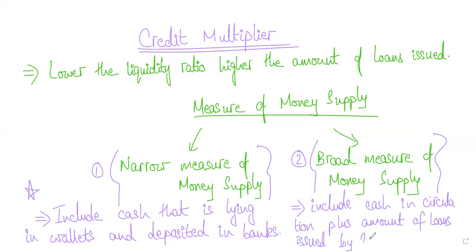Students, are you getting me? Is this simple? So this is what broad measure of money supply is. Easy? Any confusion? Anything that's not clear?